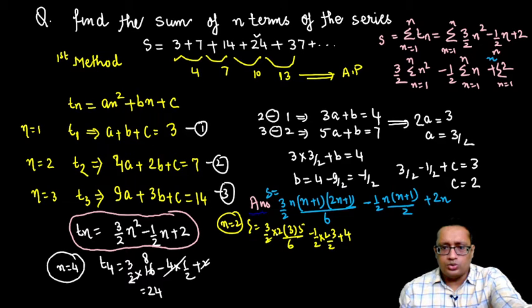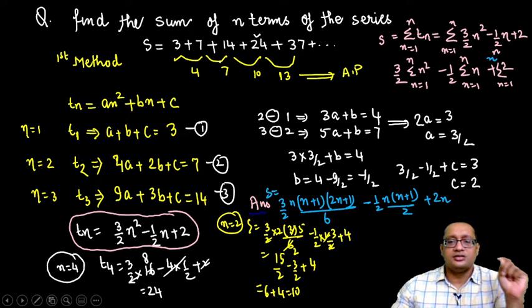See, the 2s cancel, this becomes 5 into 3, this becomes 15 by 2, minus 3 by 2, plus 4. This becomes 12 by 2, which is 6, plus 4 is equal to 10. Add the first two terms, 3 plus 7, yes, it is correct.